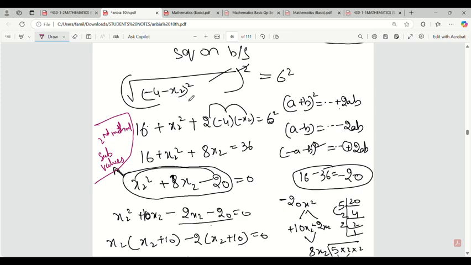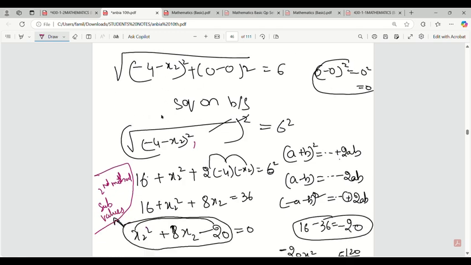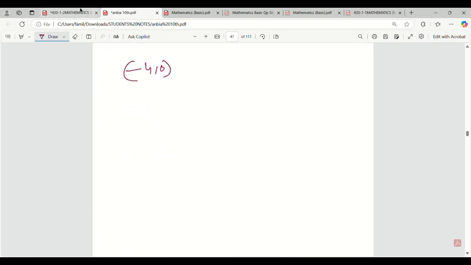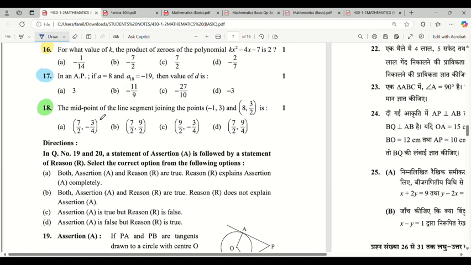Substitute your x value here and check whether you're getting 6 square or not. By substituting the value here, you'll easily understand which value I'm talking about. Clear?